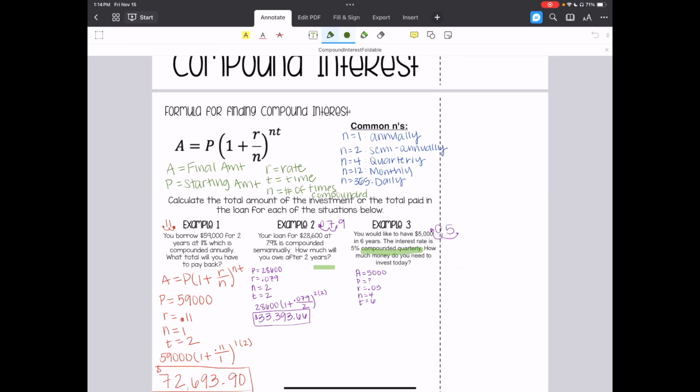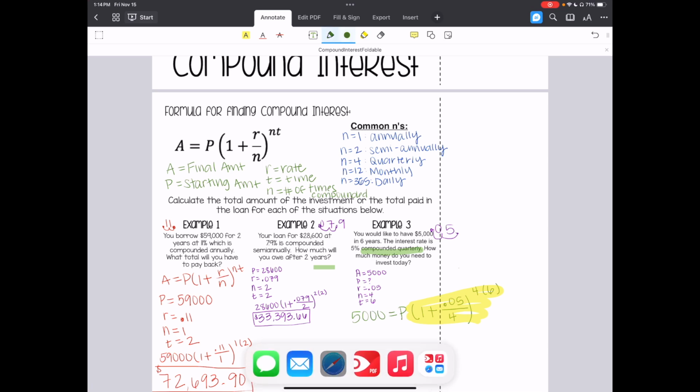So let's plug everything into our equation. So we're going to have 5,000 equals, we do not know our P value, so then we're going to say 1 plus our rate, which is 0.05, over our n value, all raised to n times t. So the easiest way to do this is to take everything on this side and plug it into Desmos.